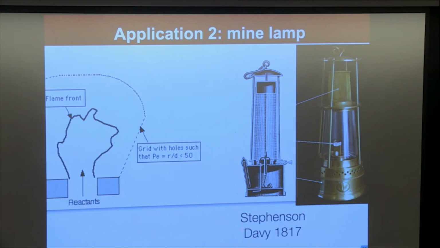It's quite interesting because Stephenson published exactly the same results as Davy. I think a few months before something. It's actually an example that people use quite often. You will find it on the web. And Davy accused Stephenson of copying his results, which was absolutely not the case.